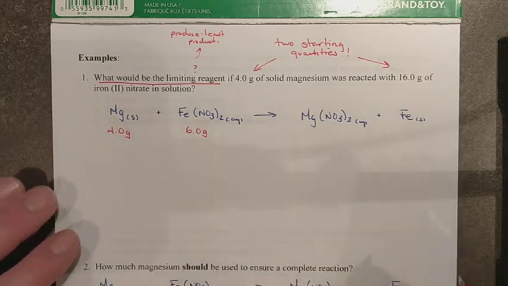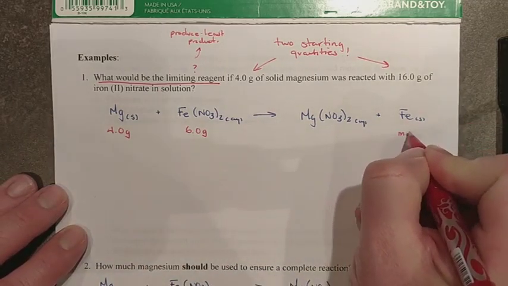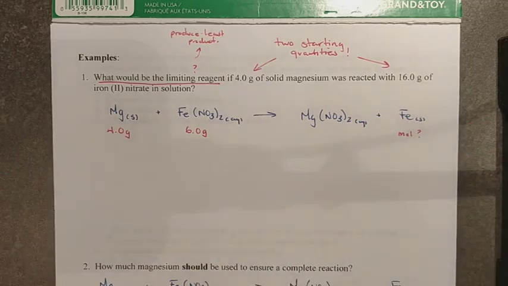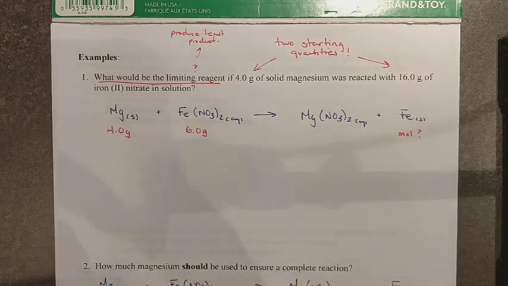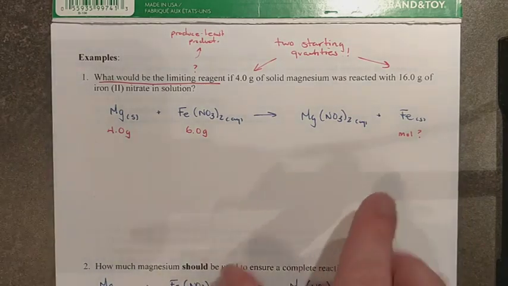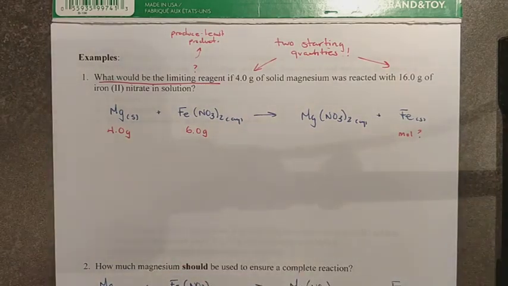So I'm going to figure out which one produces the fewest number of moles of iron. That's really all I need to do. Which one produces the smallest amount? I'm going to work with moles, since that is a chemical amount, and it means I have one less conversion step to do. Okay, so which one produces the least amount of iron?